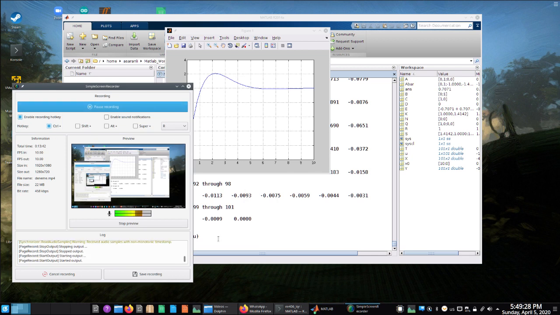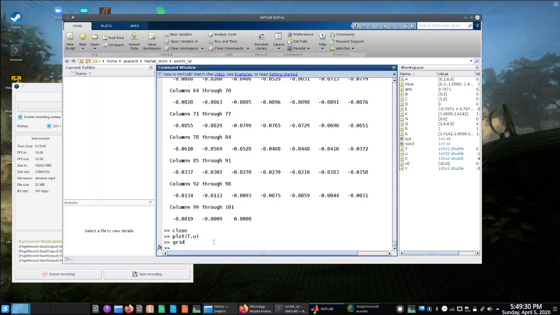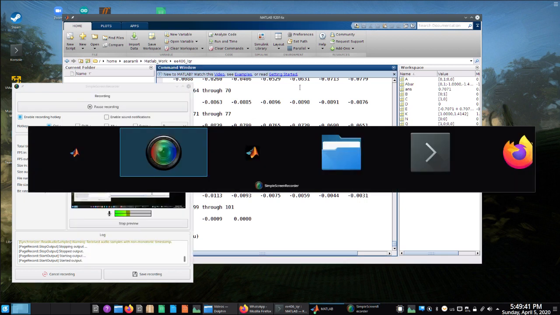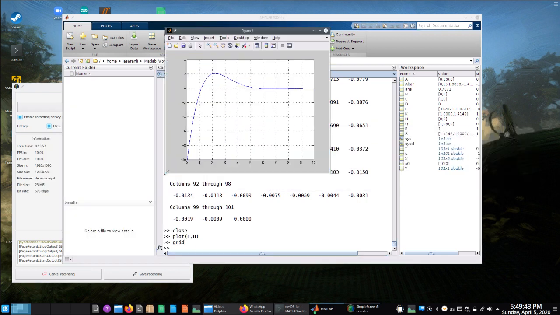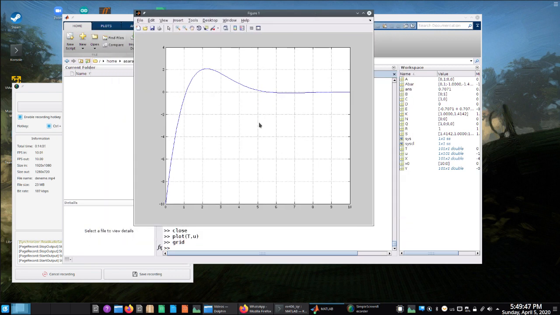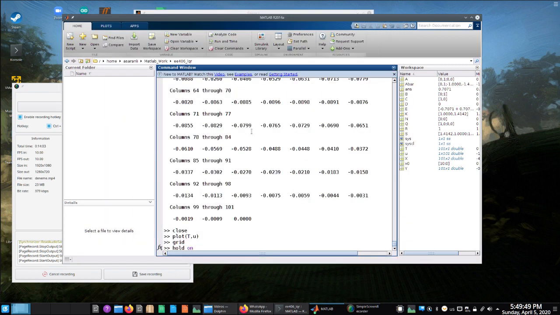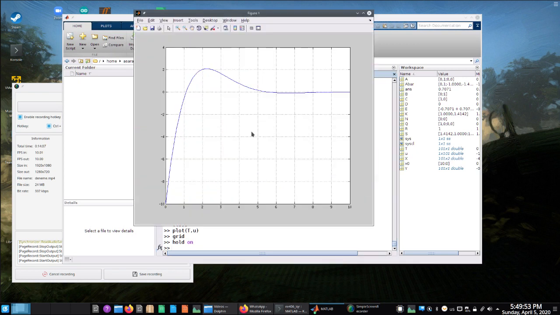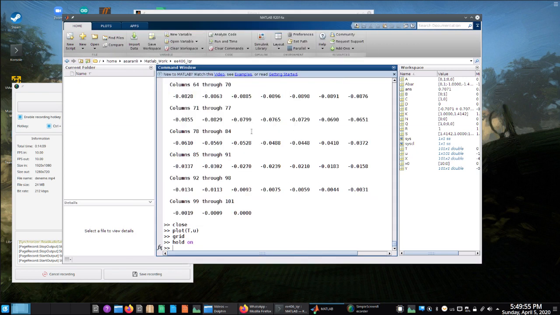Now it might be interesting to see what happens if I start suppressing somehow the input. So let us take this, where is our plot? Okay, so this is our plot of the input. Let's hold on to this plot, and now I will try to design a new LQR controller.